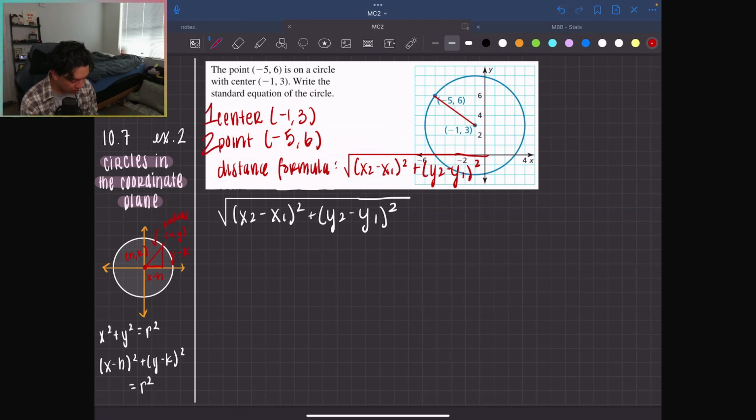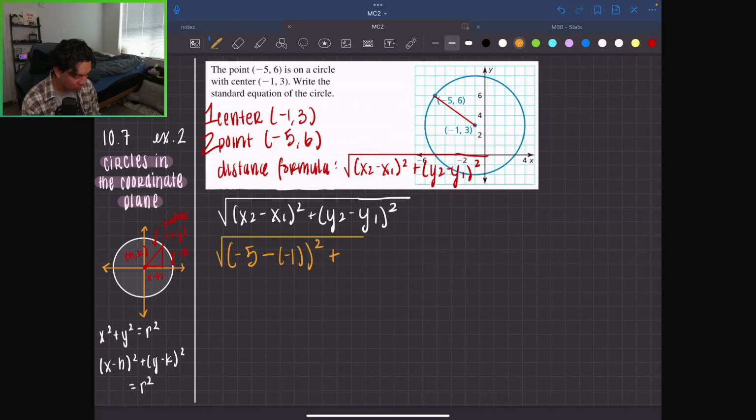So if I were to do that, we now have the square root of, so our x sub 2, which means that it is the x value of our second point. So the x value of our second point is -5. So -5 minus, what is the x value of our first point? It is -1. So -5 minus -1 squared.